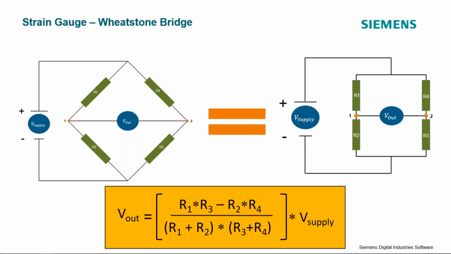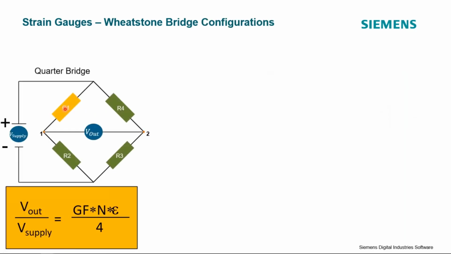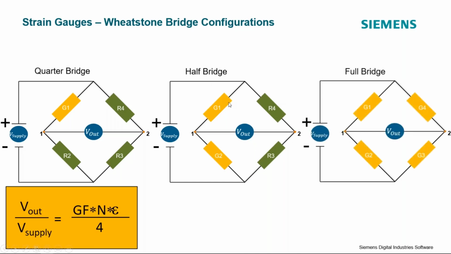And so when we're measuring with strain gauges, we simply replace one or multiple of these resistors with our strain gauge. If we replace one resistor with the strain gauge, we have a quarter bridge strain gauge circuit. If we replace two of them, we have a half bridge strain gauge circuit. And if we replace all four of these resistors with strain gauges, we have a full bridge strain gauge.